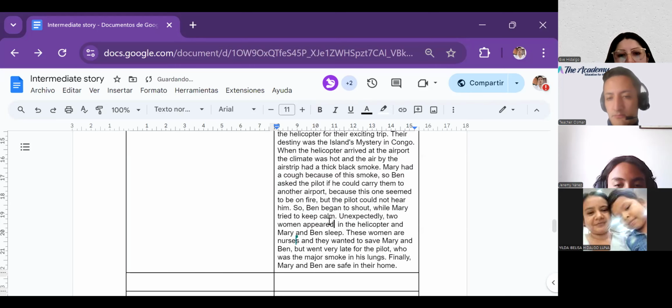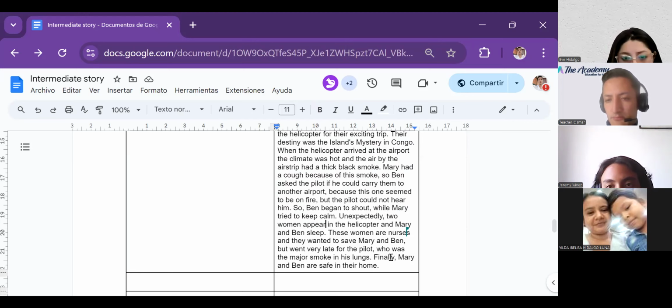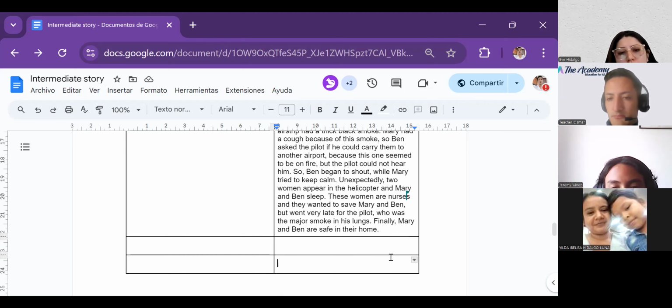These women are nurses and they wanted to save Mary and Ben, but it was very late for the pilot, who had the major smoke in his lungs. Finally, Mary and Ben are safe in their home.